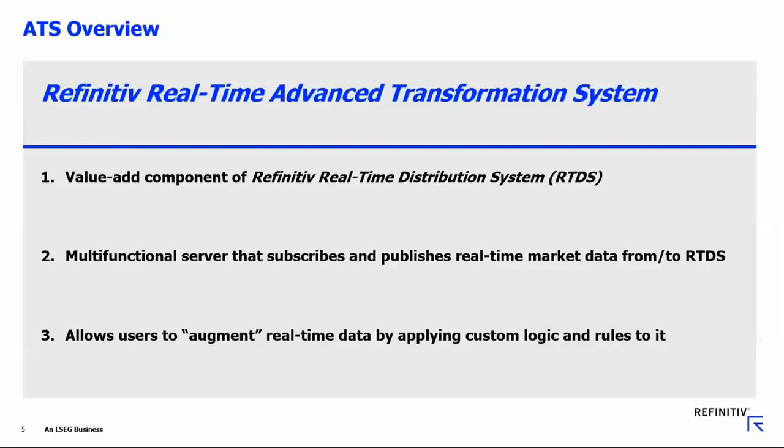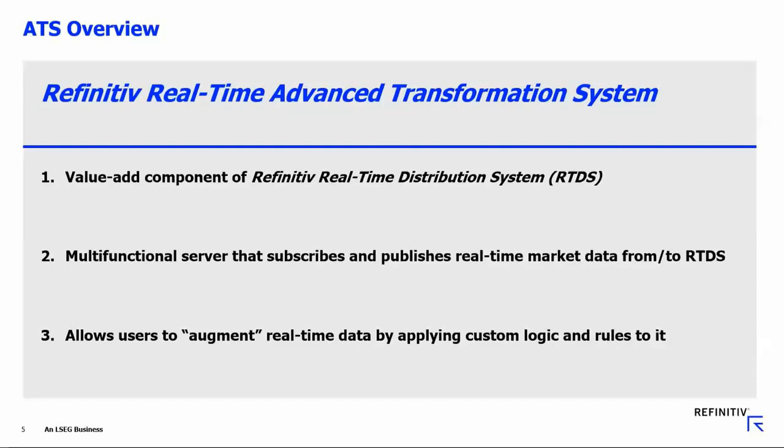Thank you, Susan. I will begin with a quick overview of ATS for those who are not too familiar with it. So ATS is a value-add component of RTDS, previously known as TREP. It subscribes, transforms, and publishes real-time market data and delivers modified data to downstream applications.